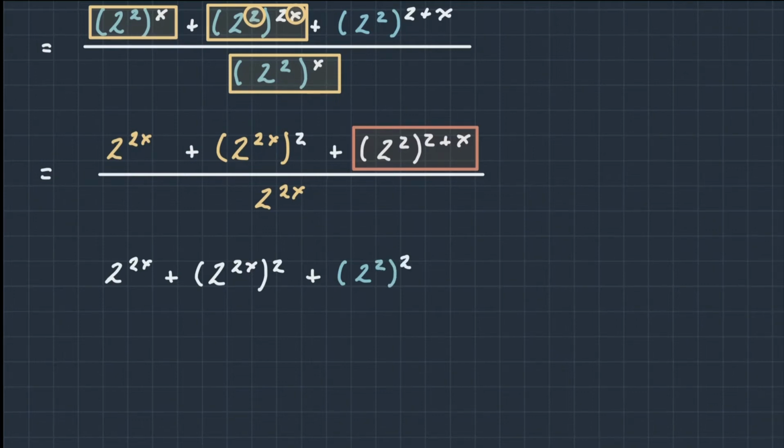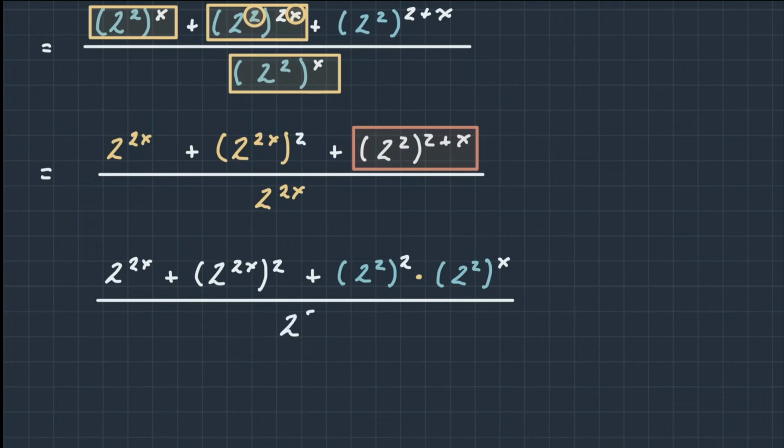And I'm going to multiply that by the second factor, which is going to be 2 to the power of 2 raised to the power of x. And that's just that product of common base powers. That common base is 2 to the power of 2. And now we can just go ahead and write in that exponent of 2 to the power of 2x.